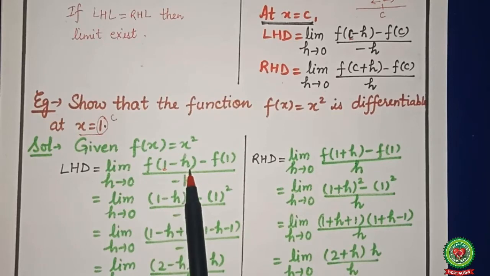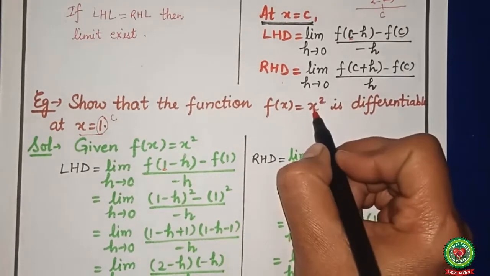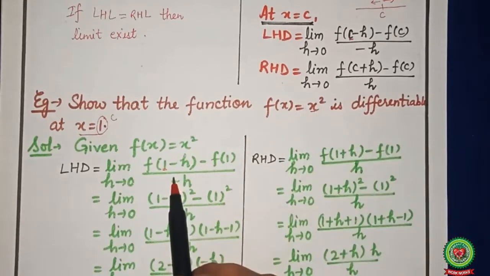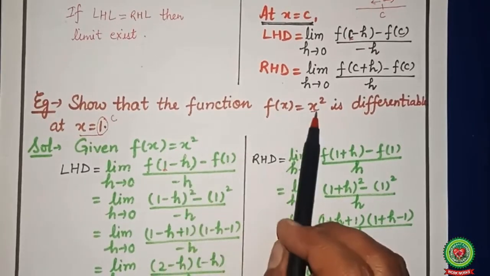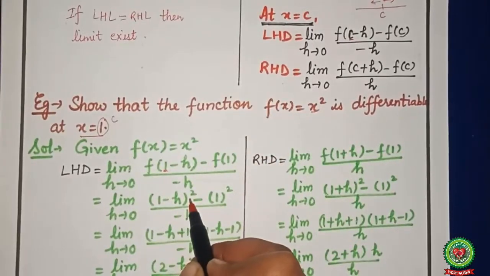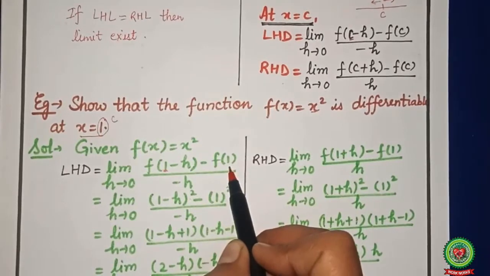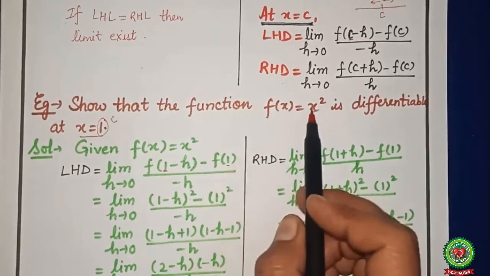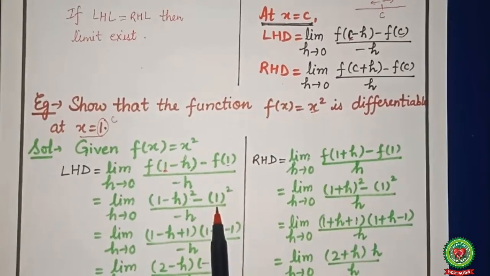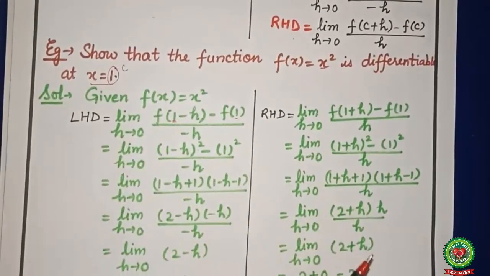Now f of 1 minus h you can calculate from the given function. In place of x, you put 1 minus h. So here, f of 1 minus h is equal to (1 minus h) square, and f of 1 means the value of x is 1, so 1 square, upon minus h.